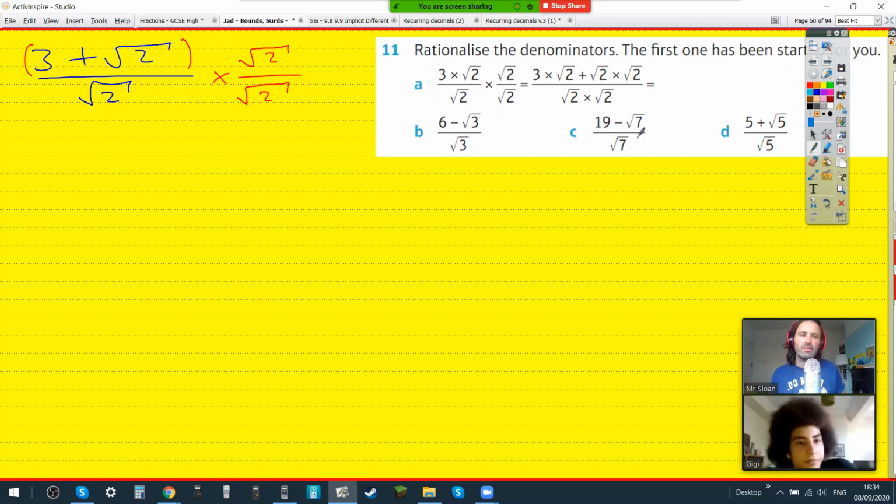That would be 3 root 2 plus 2 over 2. Yeah, and I think you can leave it like that.